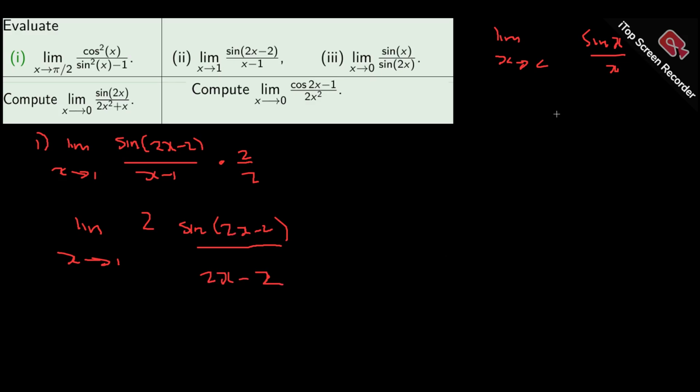And this is working out as the special limit. So this expression is just equal to 1. 1 times 2, that is equal to 2. So most of the time you're going to be multiplying the denominator and the numerator by a number, which makes it possible for you to apply the special limit.